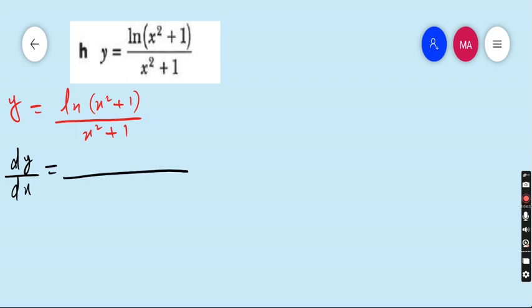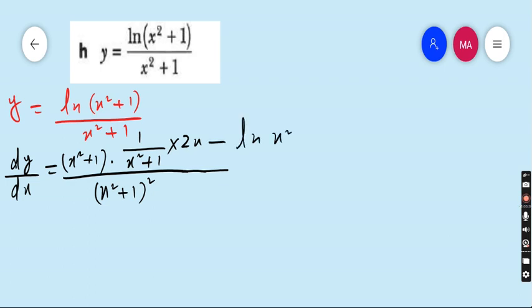we must apply the quotient rule, which is (x² + 1) times v squared, v as it is, derivative of ln(x² + 1) is 1/(x² + 1) into derivative of x² + 1, which is 2x, minus ln(x² + 1) into derivative of x² + 1, which is 2x.